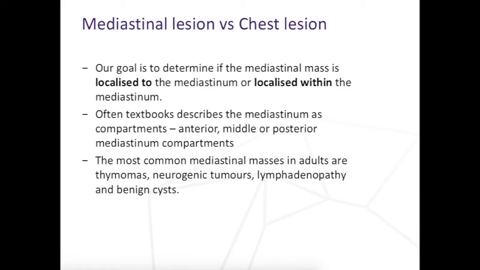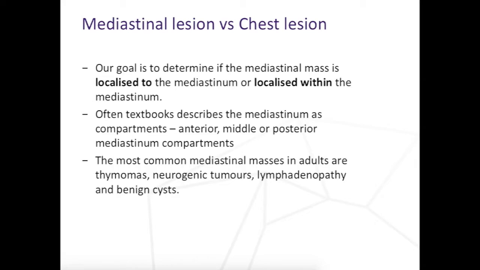So if you imagine your thorax as, I guess, like a loaf of bread, is the lesion in the bag that surrounds the loaf of bread, or is the lesion in the loaf of bread itself? That's very important to distinguish because it does change the prognosis a little bit.